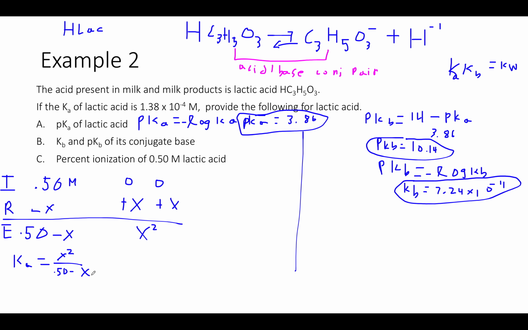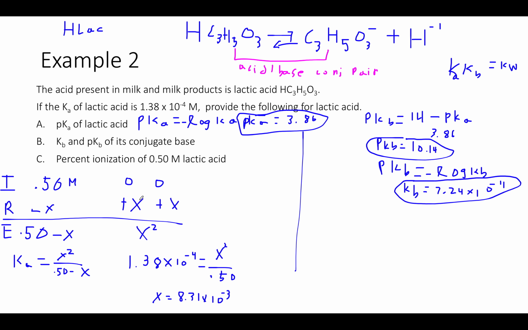So we can solve for the numerator's X by eliminating this bottom. So we would say that the Ka of lactic acid, 1.38 times 10 to the negative fourth, equals X squared over 0.5. We eliminated that X. So X comes out to be 8.31 times 10 to the negative third.